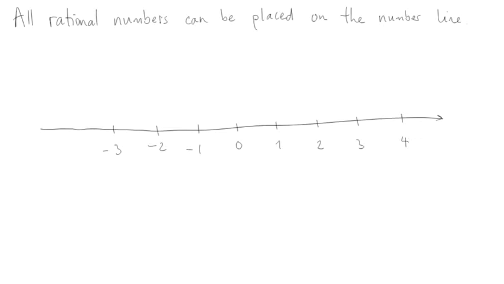Here's the number 1, here's the number 2, in between 1 and 0 is the number 1/2, the number negative 3/2 is here, the number square root of 2 is roughly here, roughly equal to 1.4, and pi is also an irrational number, but it can be placed on the number line. It's roughly 3.14.